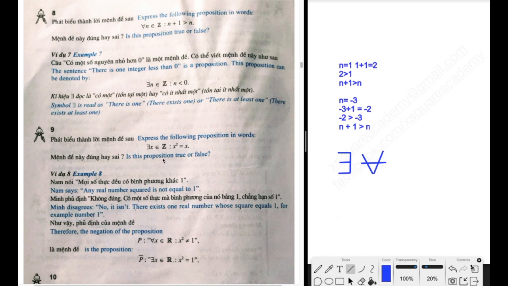Second, there exists one element of integer numbers n where n equals itself. Do you think this proposition is true or false? It's quite easy. Give your answer.